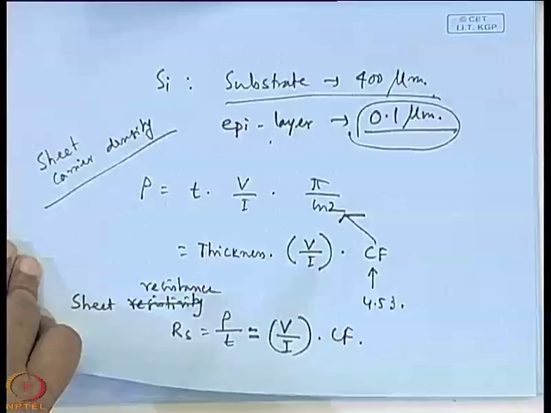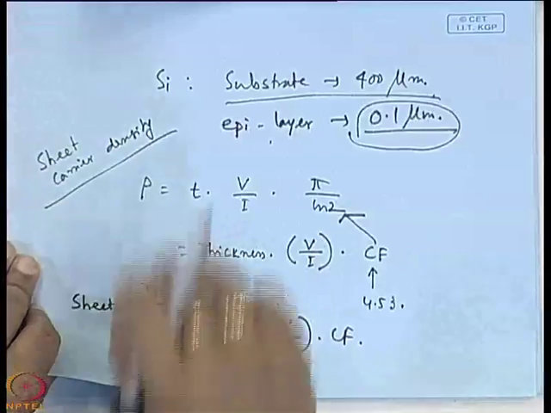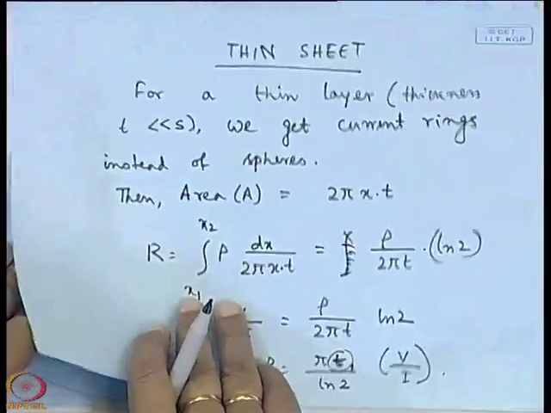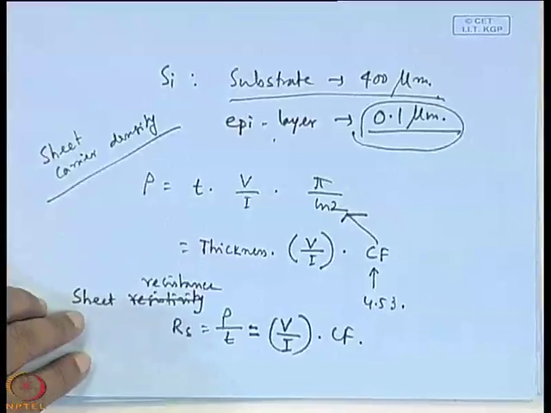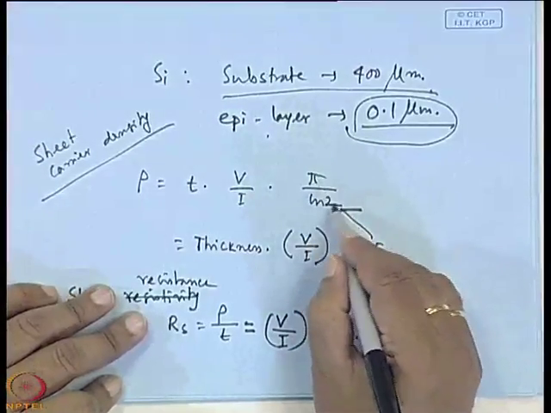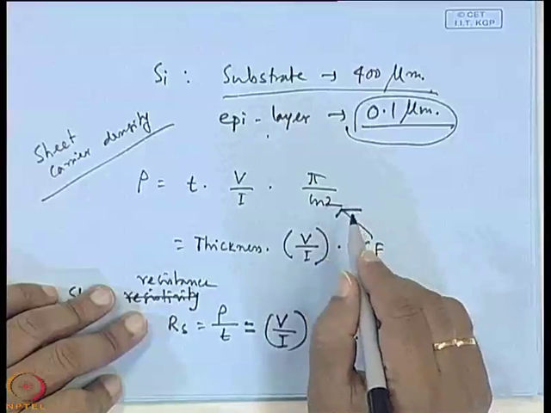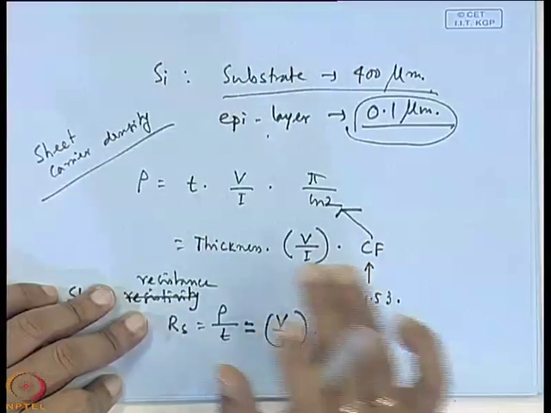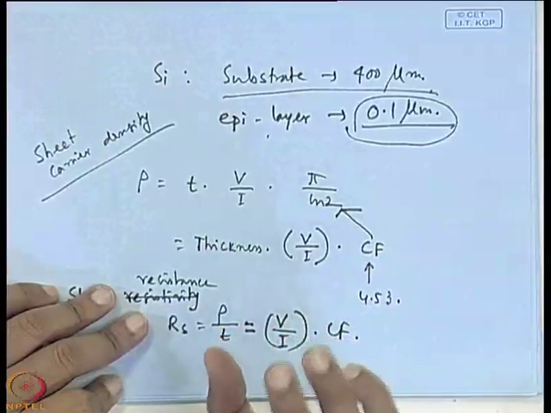Now, another point I should mention: here you see that the correction factor is pi by ln 2, and we have considered that it is a uniform circular material or sample having thickness t.